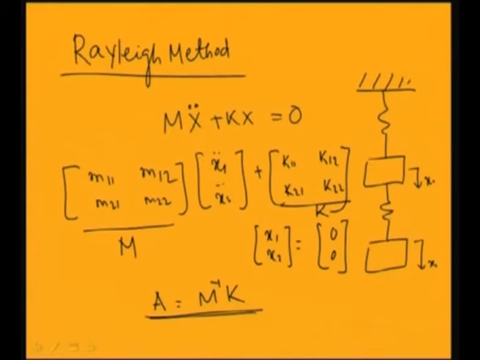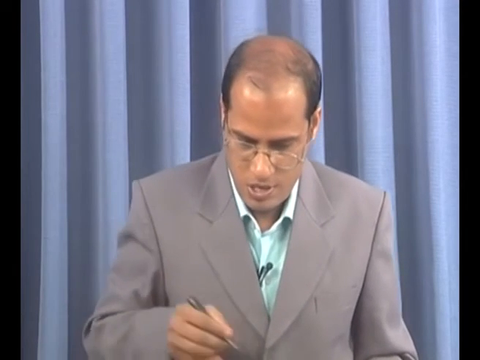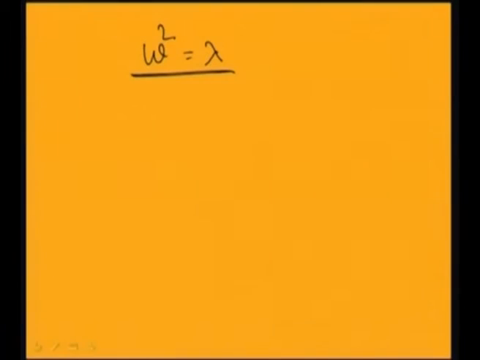These eigenvalues correspond to the square of the natural frequency, and after finding the eigenvalues I can find the mode shapes or normalized modes of the system, which are the eigenfunctions of the system. So, I can find the eigenvalues and eigenfunctions of the system.